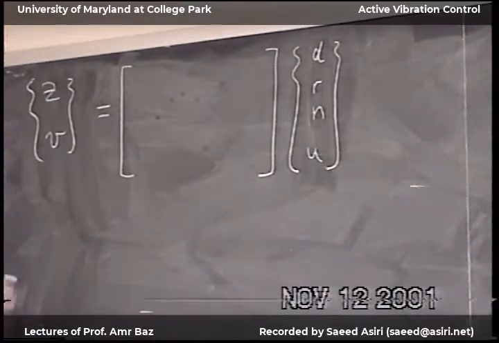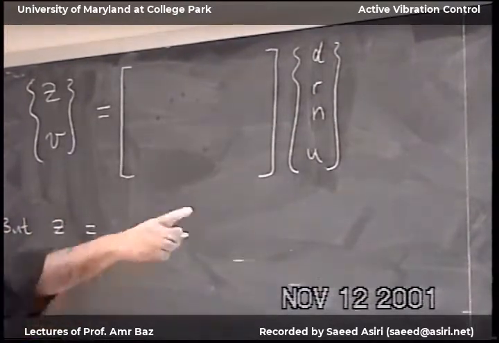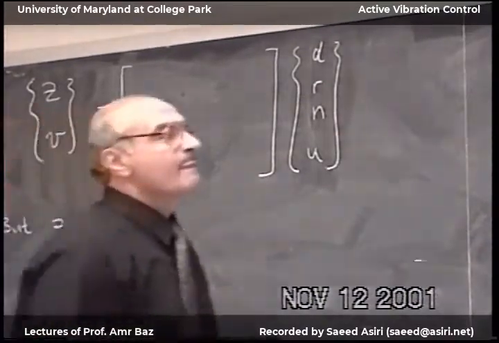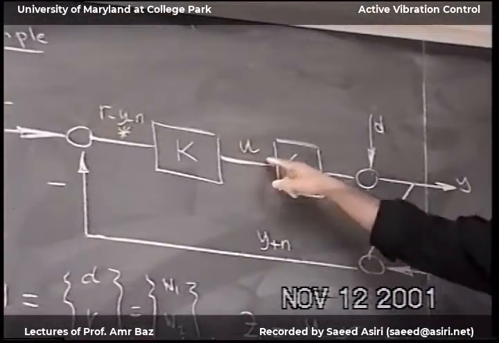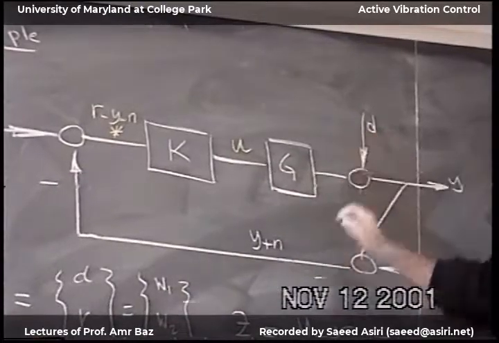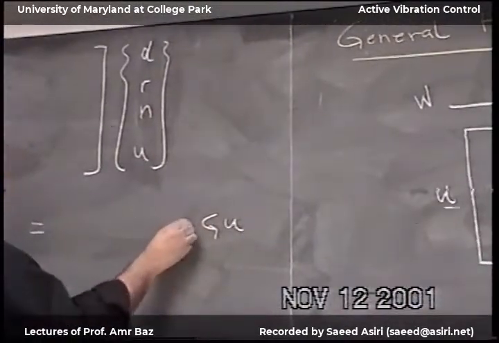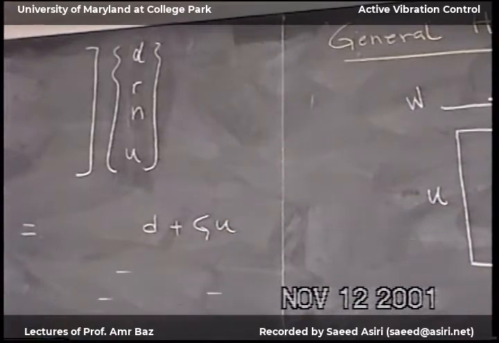Okay, and now Z is equal to Y minus R. Y is what we get here, which is G times U plus D. And then minus R.